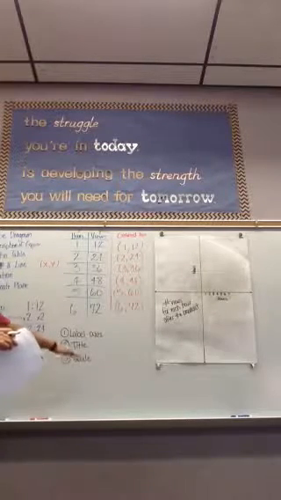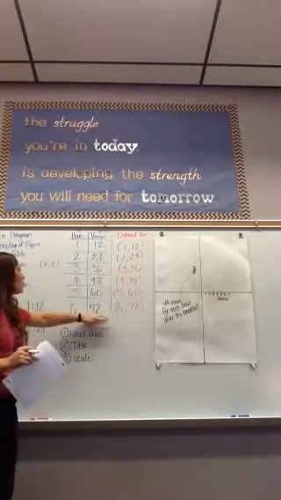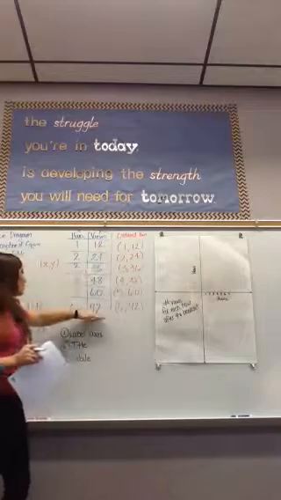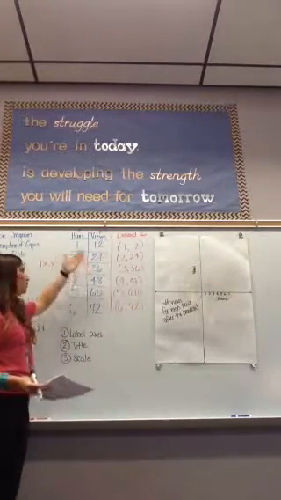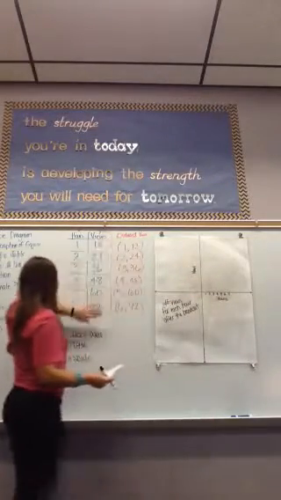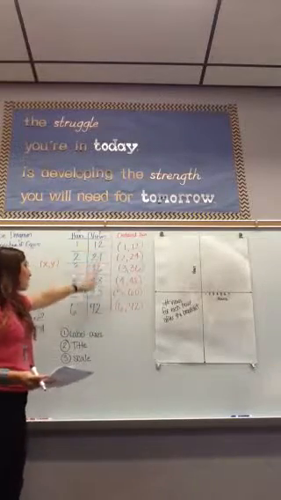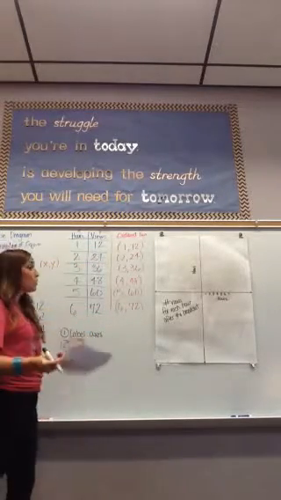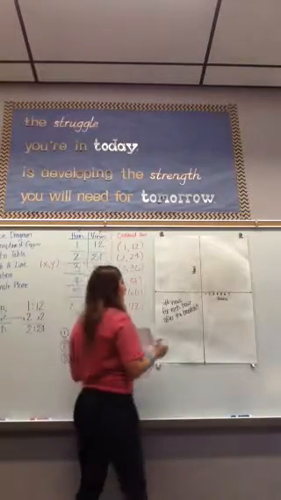Okay, now I need to create the scale for my y-axis. You have to go back and look at your y-coordinates. Now, this is going up to 72. It wouldn't make any sense for me to count by 1s. There's going to be a lot of empty space. So I need to pick a scale that makes sense for the numbers with the views. All of these are multiples of 12, so it would make sense for me to use a scale of 12 on the y-axis.